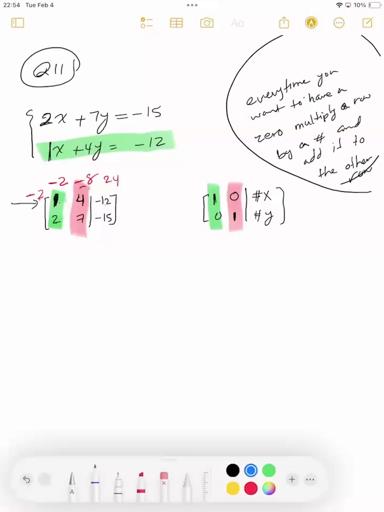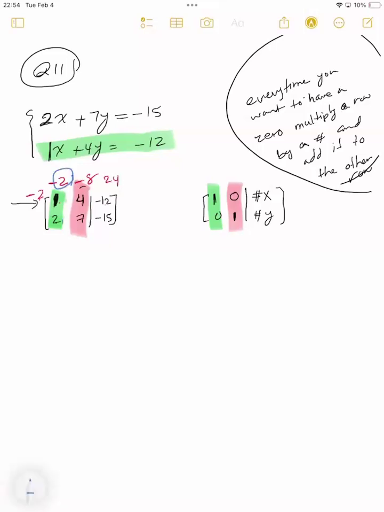Then I will add negative 2 and positive 2. Negative 2 plus 2 is 0. Negative 8 and positive 7 gives me negative 1. 24 and minus 15 gives me 9. So I get 9.